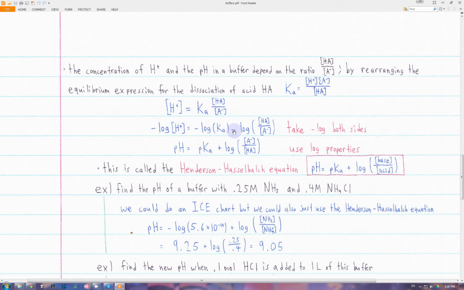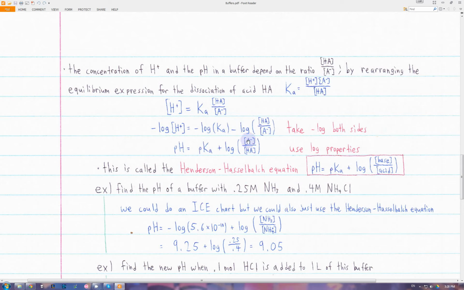And then, if you remember, we can take the coefficient of a logarithm, here it's -1, and bring it up to an exponent, which would flip this expression inside. So this turns into a plus sign, and then this ratio is flipped so that it's the concentration of the base over the concentration of the acid.